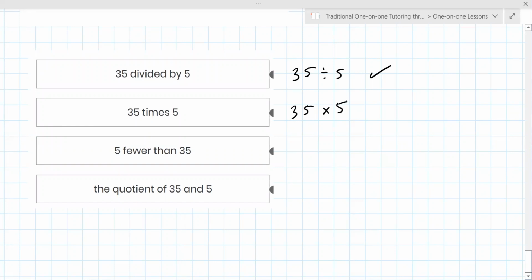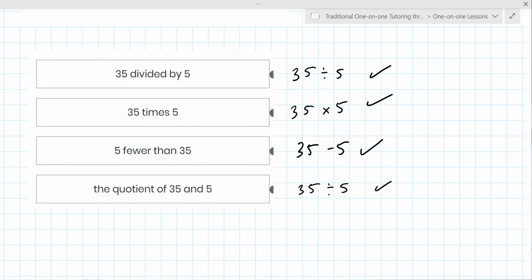And then after, 35 minus 5, that's correct. And then quotient is division, so 35 divided by 5. Perfect. Really, really good. These are the kinds of problems I would definitely want to make sure that you knew how to do.